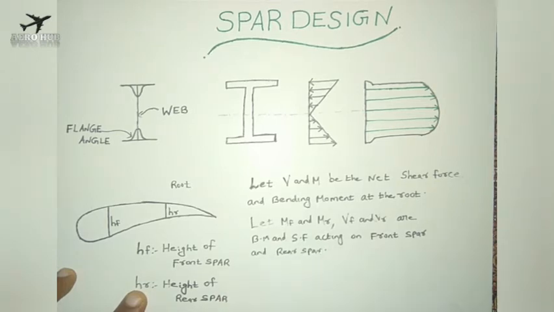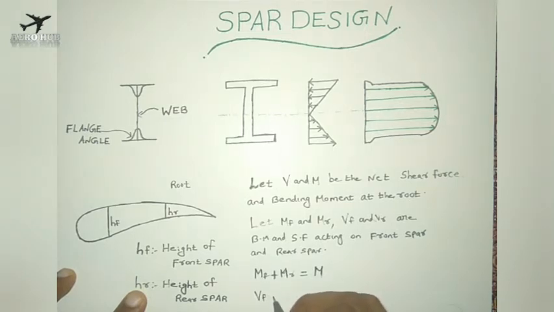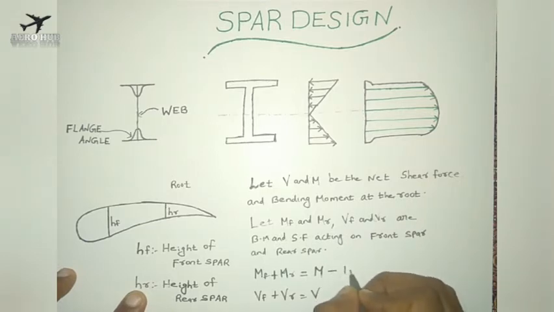MF plus MR, the summation of moment acting on the front spar and rear spar, will be equal to the total moment M, and VF, the shear force acting on the front spar, plus VR is equal to capital V, the summation of shear force. I call these equation 1A and equation 1B.